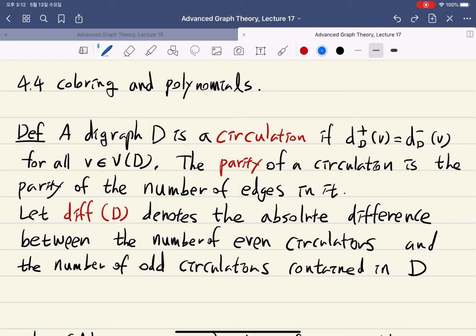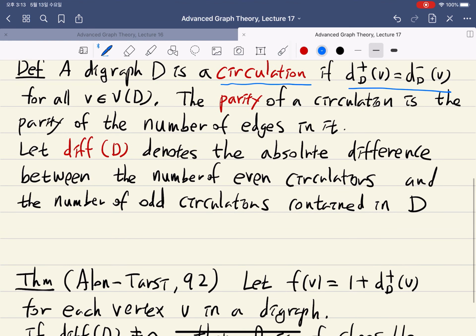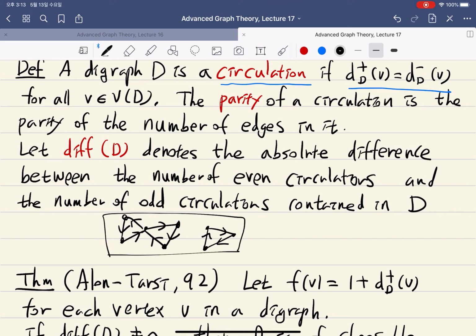And we say a diagram D is a circulation if every vertex has the same out degree and in degree at the vertex. So for example, if we have a graph which looks this way, then this is a circulation because every vertex has in degree and out degree 1 here, and then here in degree and out degree are 2.